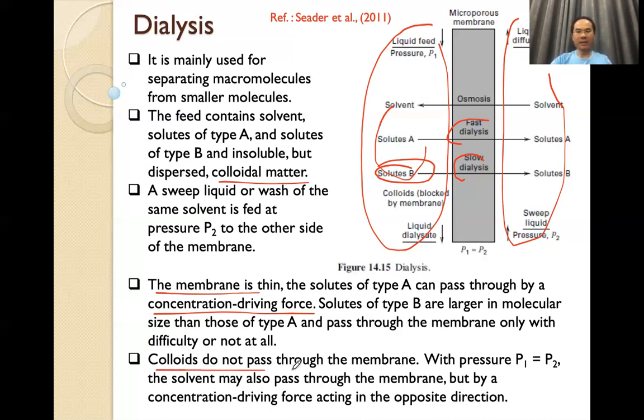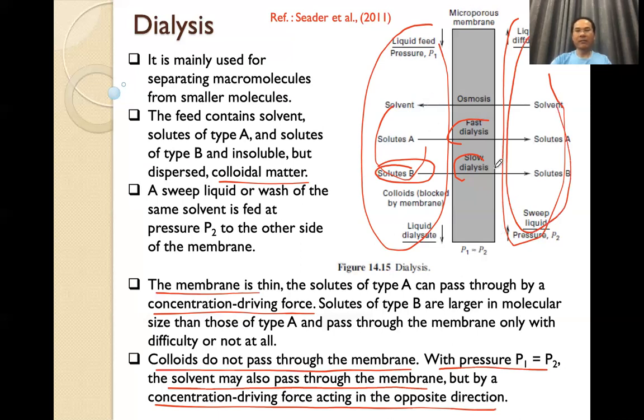The colloid does not pass through the membrane in this case, with the pressure P1 equal to P2. The solvent may also pass through the membrane, but by a concentration driving force acting in the opposite direction. What does it mean? The solvent concentration in the sweep liquid, or diffusate, is higher than in the feed, so the solvent can diffuse through the membrane in the opposite direction by osmotic pressure.